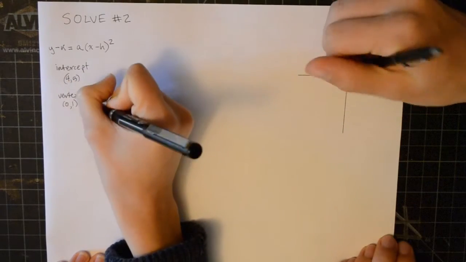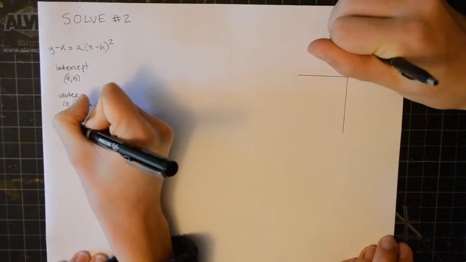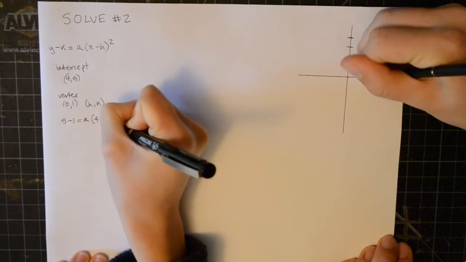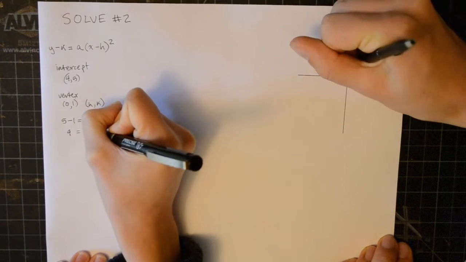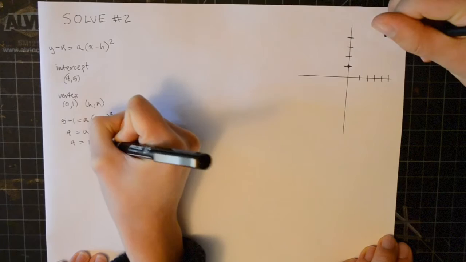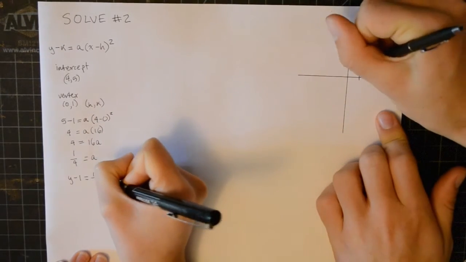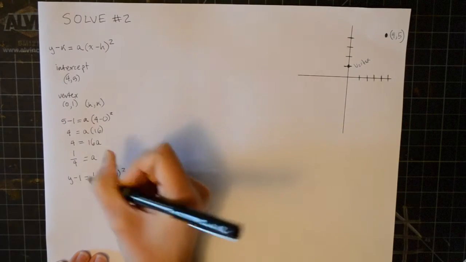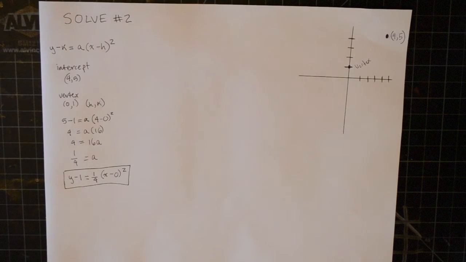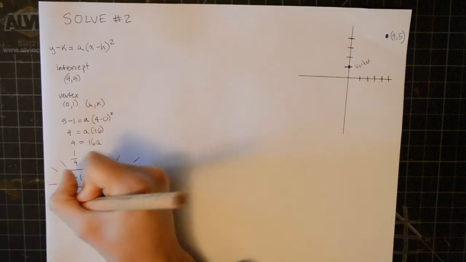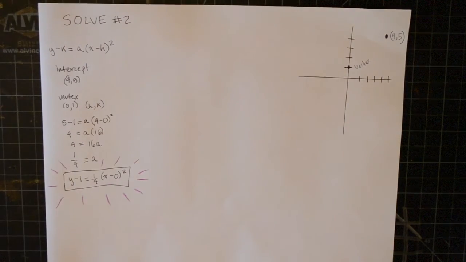This is done by inputting the vertex values of x and y into the equation as h and k, then substituting x and y for the x and y values of the point on the parabola. When solved, this equation produces the value of a. Given the full equation, y minus 1 equals 1/4 (x minus 0) squared.